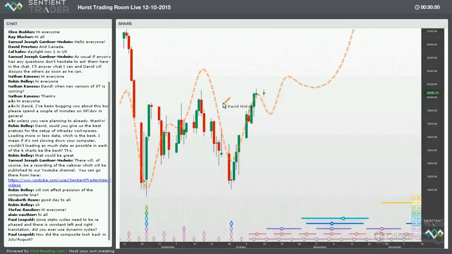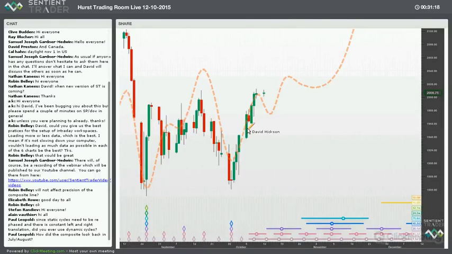So that's where the composite model line is rooted to price. When you zoom in to take a look at a particular period of data, the composite model line is adjusted up or down to fit the currently visible price.